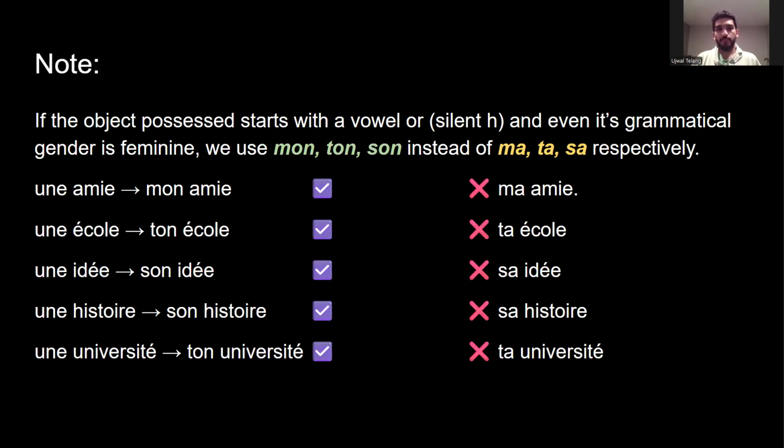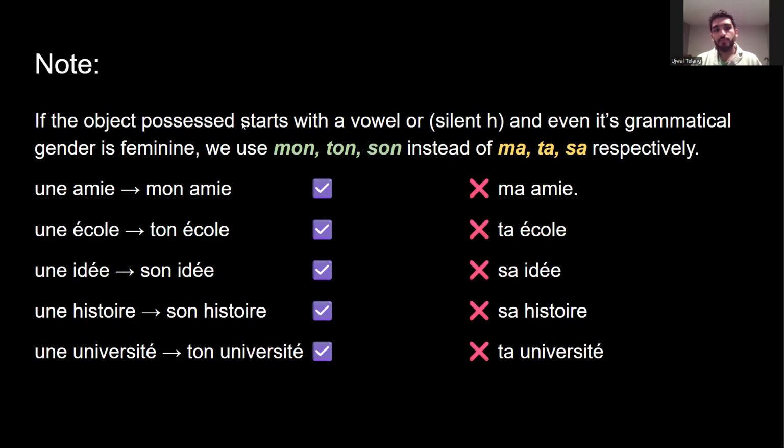Here's a quick note. A lot of the nouns in French start with A, E, I, O, U, or even H, right? So if the object possessed starts with a vowel or silent H, and its grammatical gender is feminine, we will use mon, ton, son instead of ma, ta, sa.